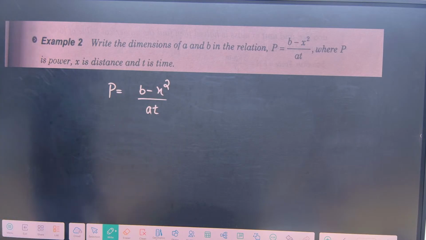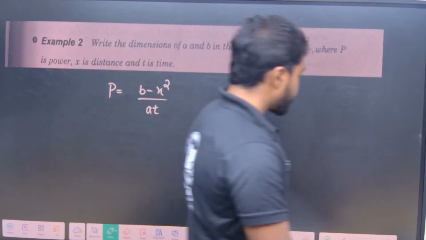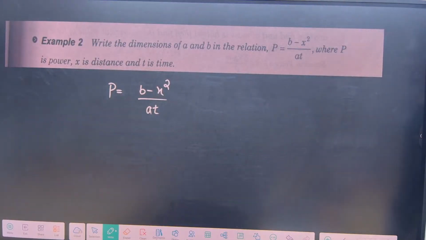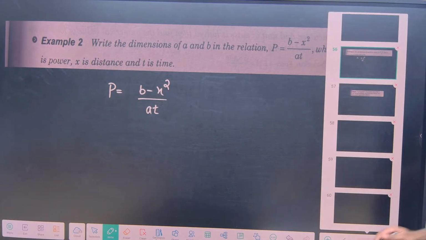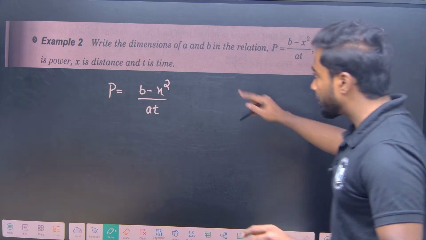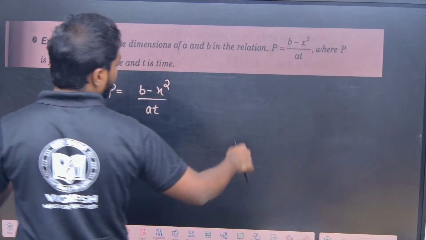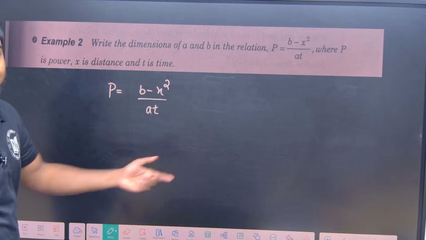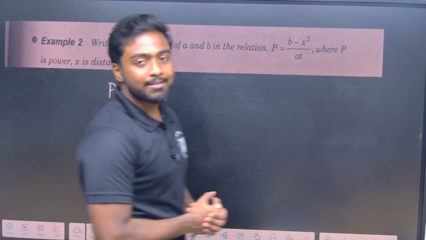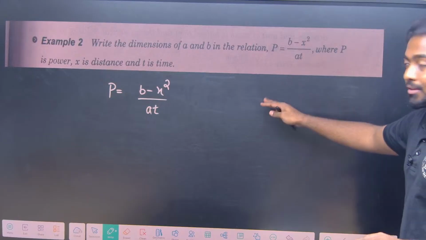This is the question. And one more homework question I am going to give. We have done the same method for v is equal to u plus at, v square minus u square equals 2as, and s is equal to ut plus half at square, right? So the same method only we are going to use for this also.